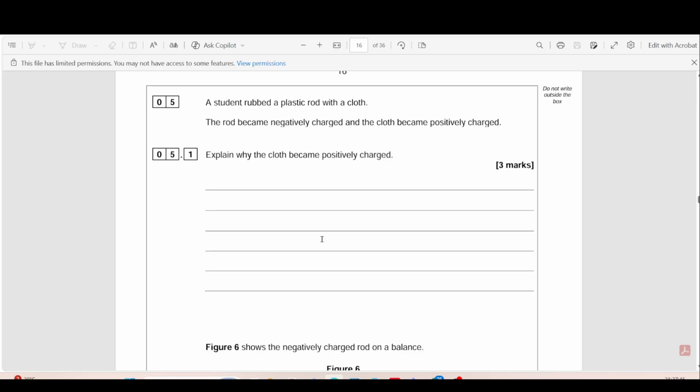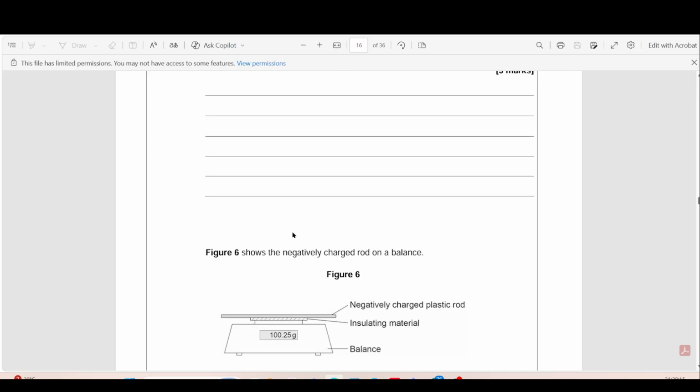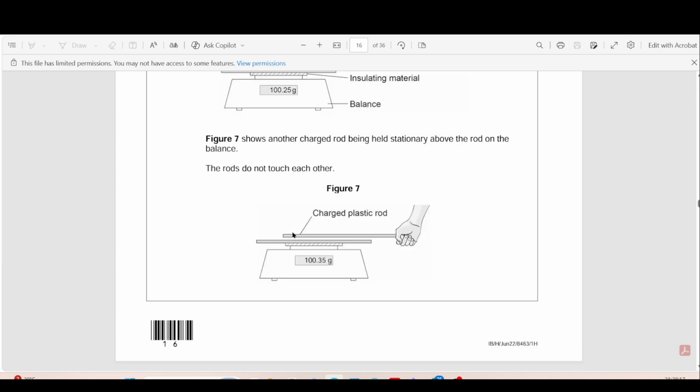The cloth is losing and the rod is gaining. Exactly. Because electrons are negatively charged particles, the one which is losing will become positive, and the one which is gaining electrons will become negative. Because there is more positive charge on the cloth than negative, that is why it is positive.